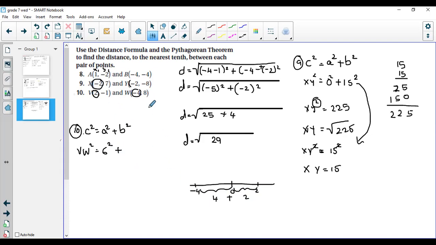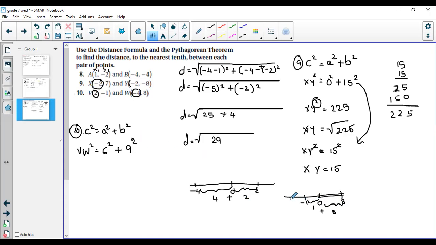Now to find b square, I need to find the distance from -1 to 8. So what am I going to do? Pause the video here and find out the difference between -1 and 8. So did you get the answer as 9?